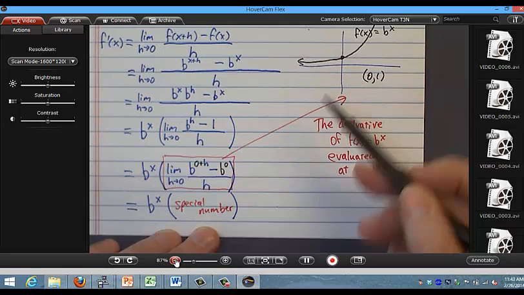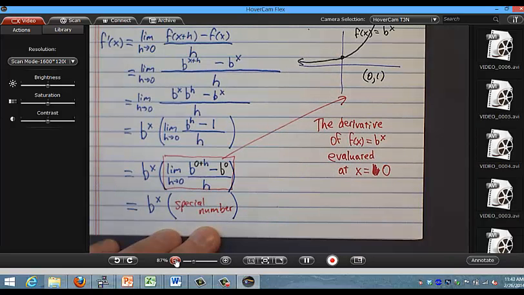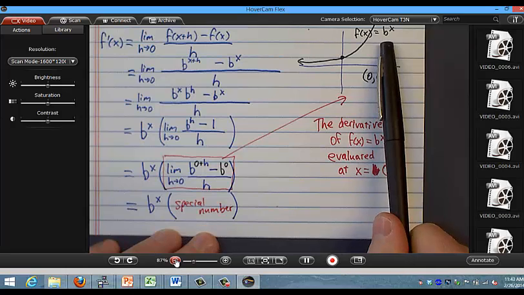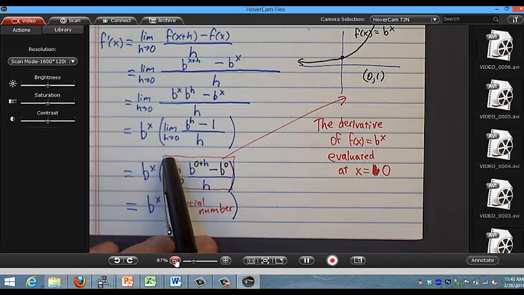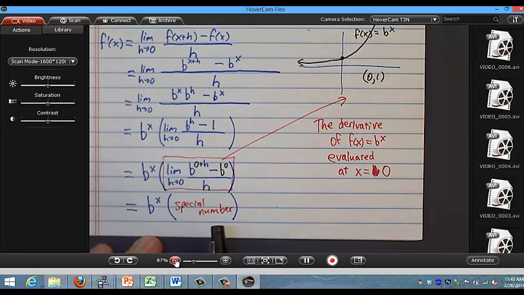Okay. And what I'm saying is, what's the derivative of b to the x power? We worked it out and we got the answer is b to the x times a special number. You get that? And I know what the special number is on the picture. It's the slope of a tangent line.